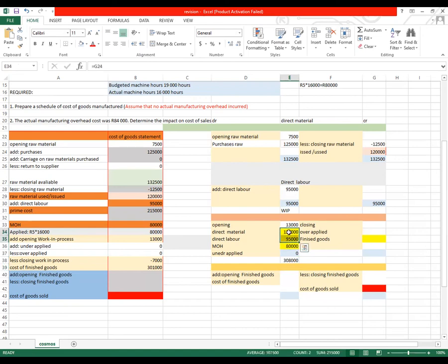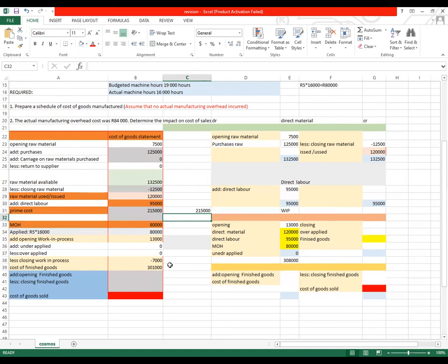This plus this is equal to a prime, which is 120 plus 95,000, equal to 215. You see, this is our prime, which is included under the work in process.